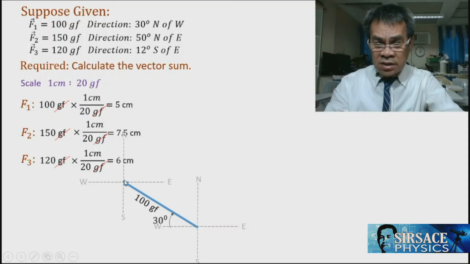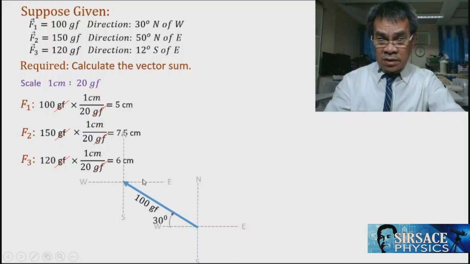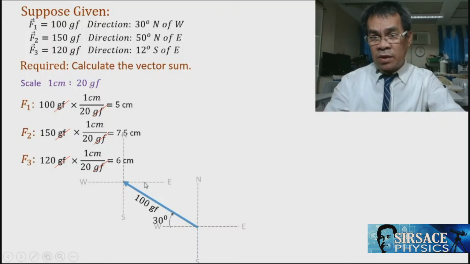So in this case, we are already displaced at this point. So therefore, this is east, west, north, south. So the 50 degrees northern part of east is coming from east going to north. There are two parts of east. We have the northern and southern. So the angle should be measured here going to the north. So 50 degrees.